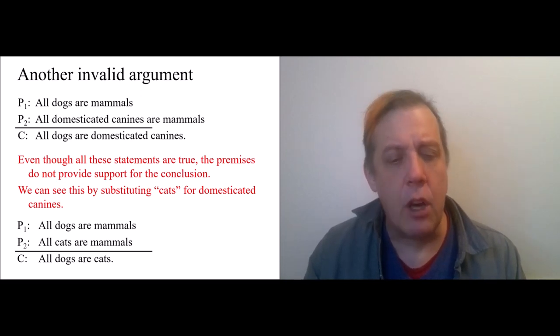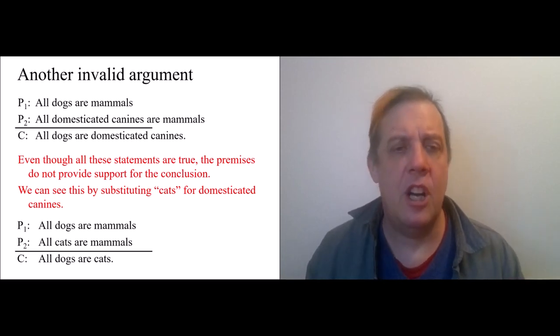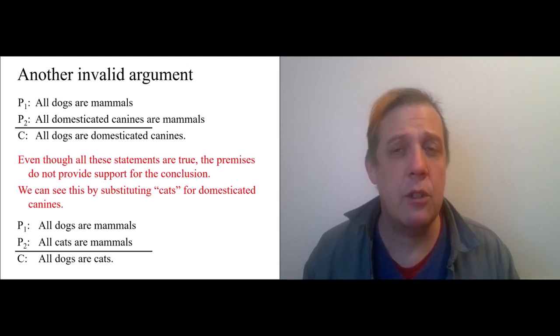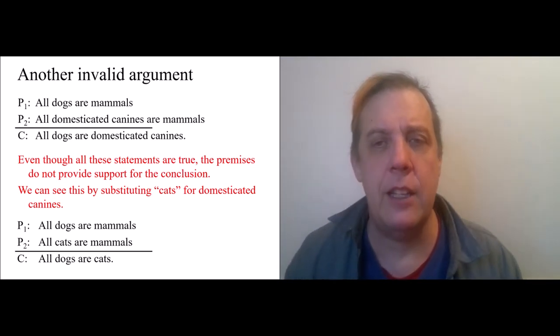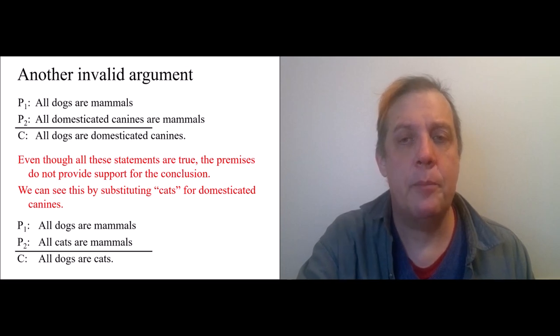So when you look at it as this structure, you can see that it is possible for the premises to be true and the conclusion false, and therefore the argument is invalid. All right.